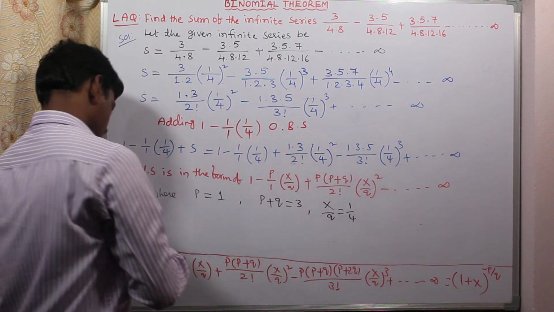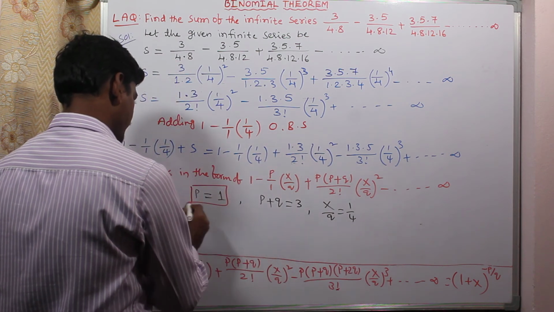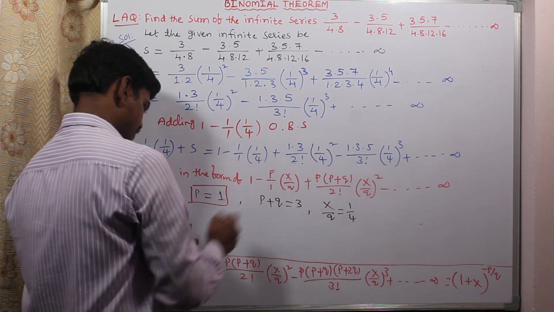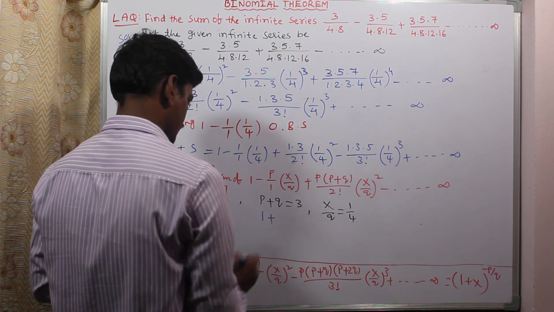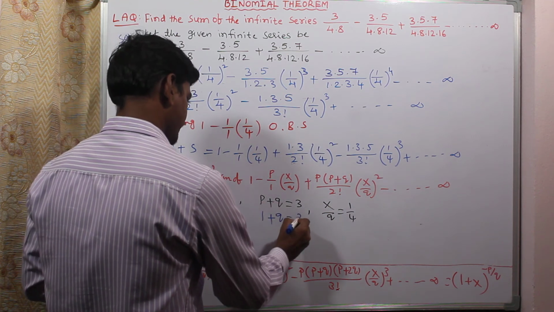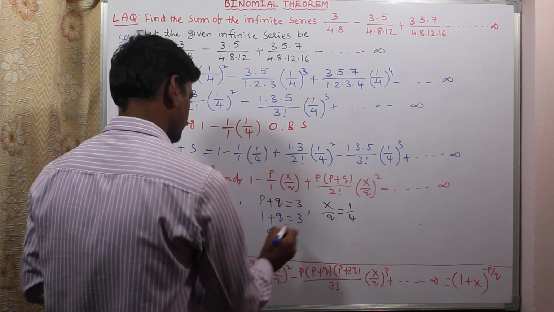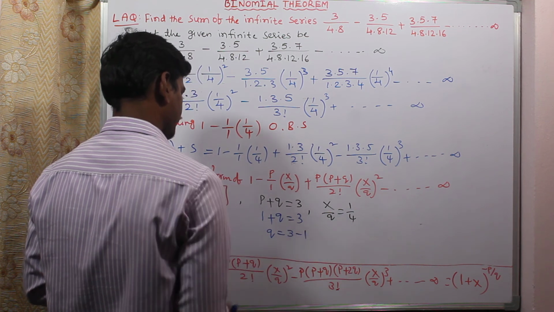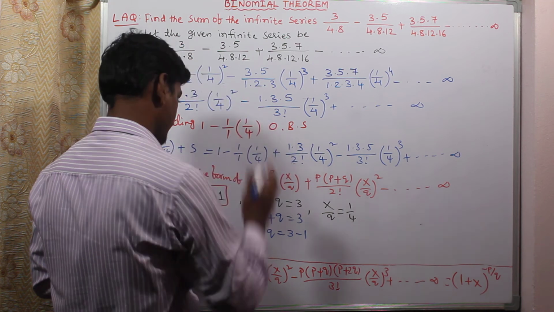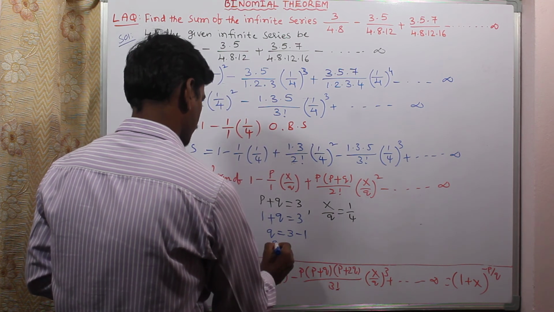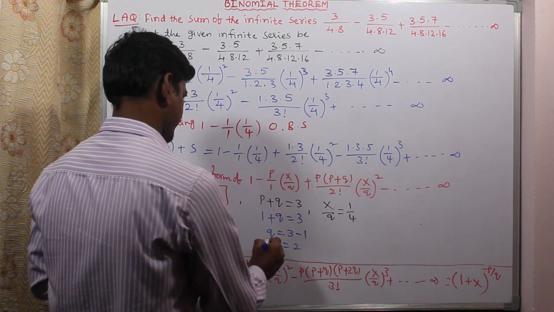Now with the help of p we can find q by substituting the p value here. With p value 1, q becomes 3 minus 1, which is nothing but 2. We got the q value 2.